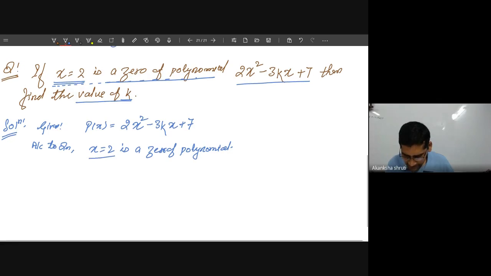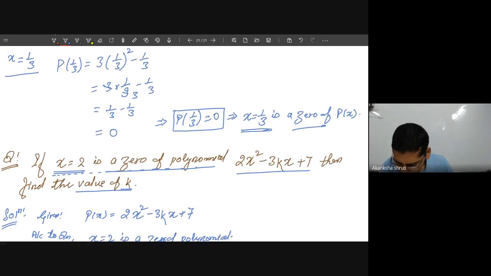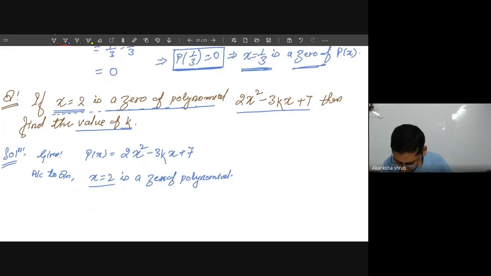So what does it mean? Students, just recall above: wherever we were getting x equals some value as a zero, it means p of that value was coming to 0. So x equals 2 is a zero of the polynomial. This statement gives us that p of 2 will be 0.